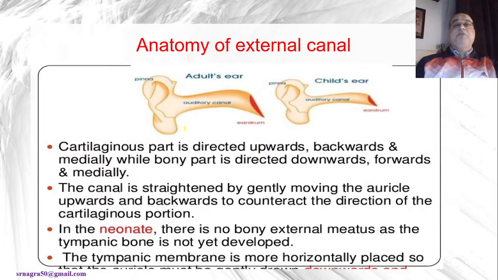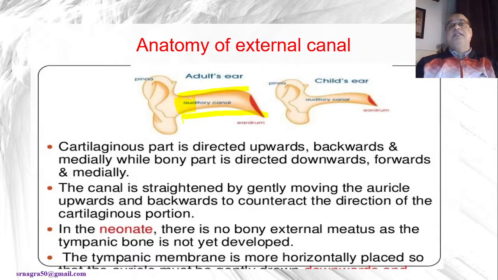So in this picture, if I just highlight this portion, this is the outer 1/3 which is the cartilaginous portion, and the rest is the inner 2/3 which is the bony portion, and this is in adults. You can see that this is the posterior wall and this is the anteroinferior wall.